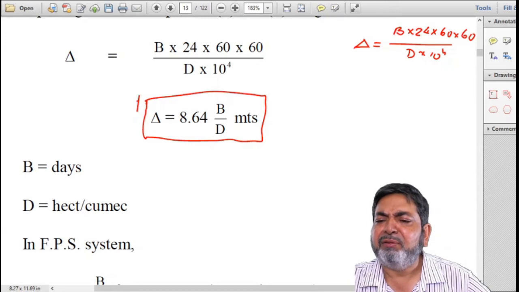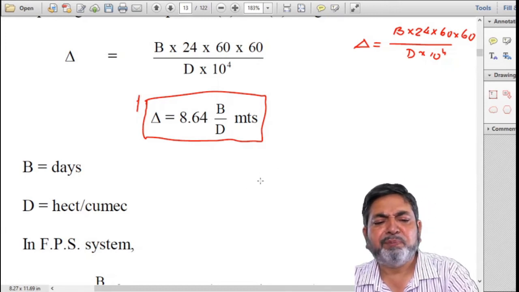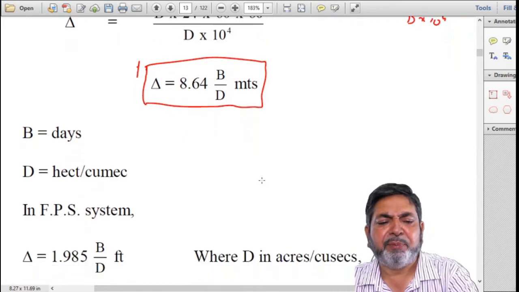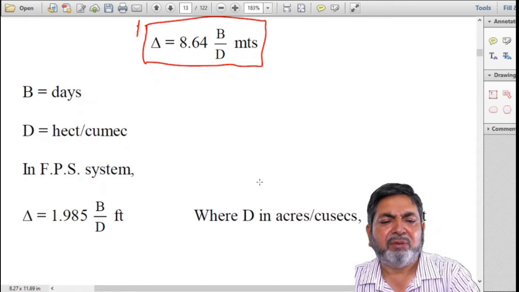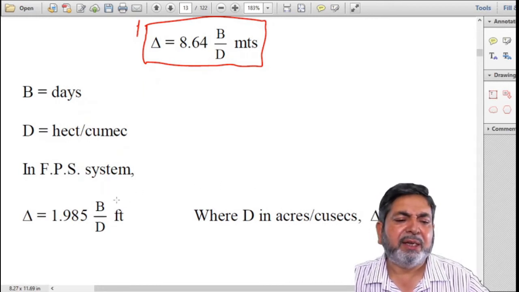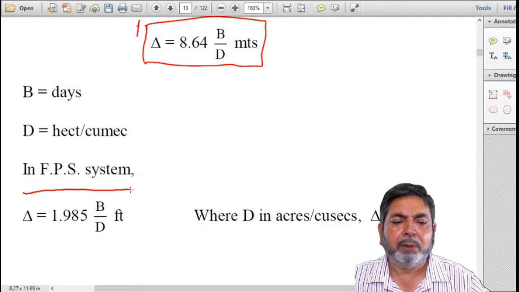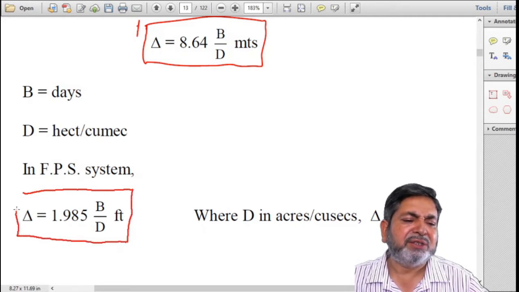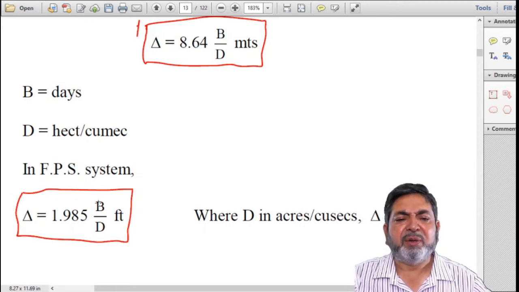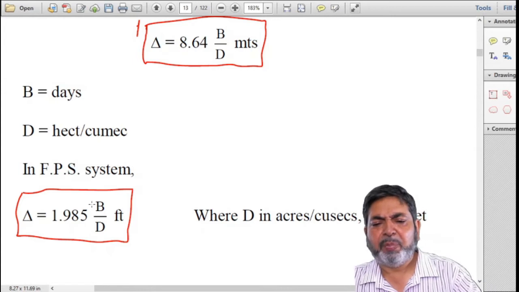Now we have one more relation, the same relation in FPS units, and here you can see this relation. B by D is same, only the coefficient has changed. Instead of 8.64, now it is 1.985.